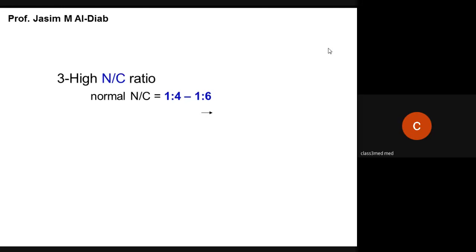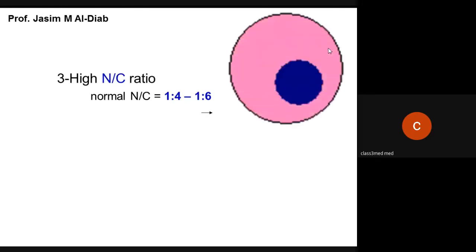This is the normal size of the nucleus compared to the size of the cytoplasm. This is called the nucleocytoplasmic ratio or NC ratio, 1/4 or 1/6, not more than that.